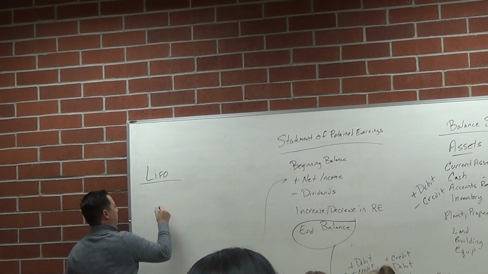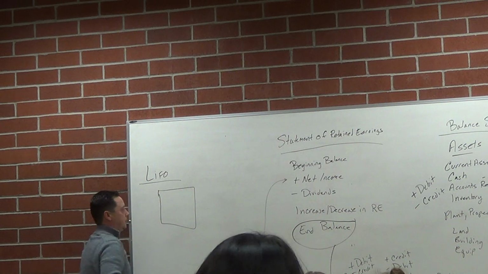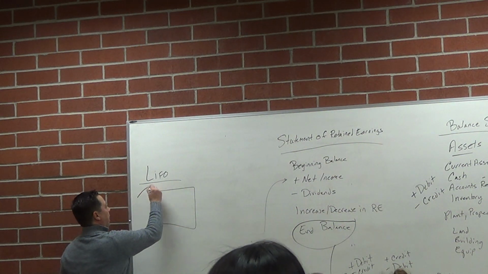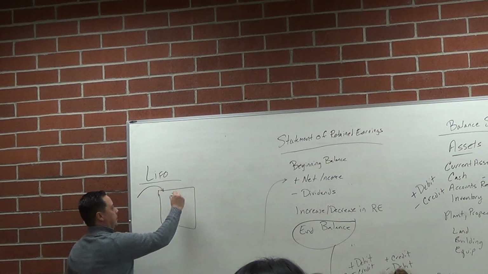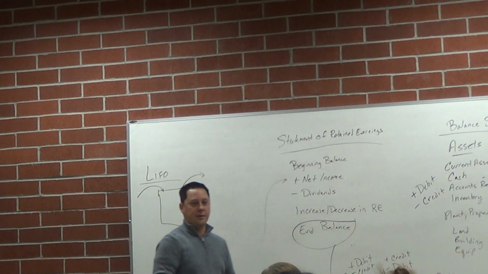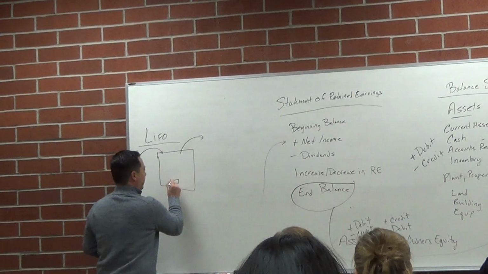So LIFO, this is my bucket. I put stuff in the top. I'm going to take stuff out from the top. Last in, first out. That's what LIFO stands for. So basically what happens is I may never get to this stuff at the bottom down here.